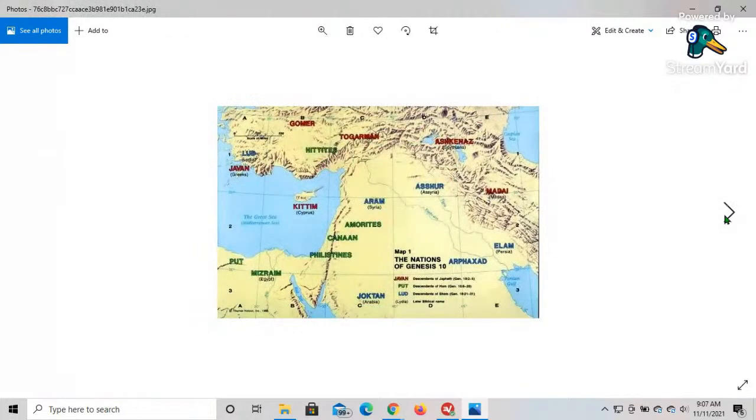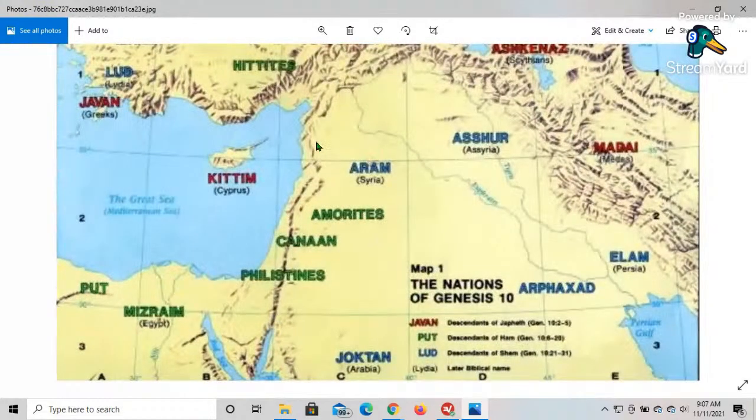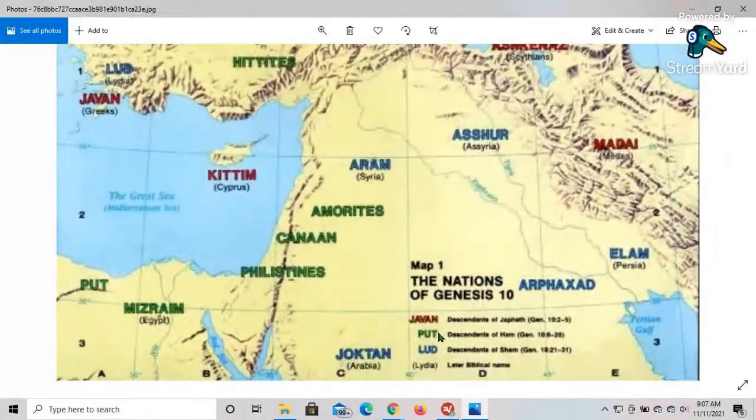Okay. Let me run through this as fast as I can. Okay, these are the table of nations, the nations of Genesis 10. So you will notice there are descendants of Japheth, descendants of Ham, descendants of Shem. This is an ongoing theme. Of course, these are all known ancient civilizations.